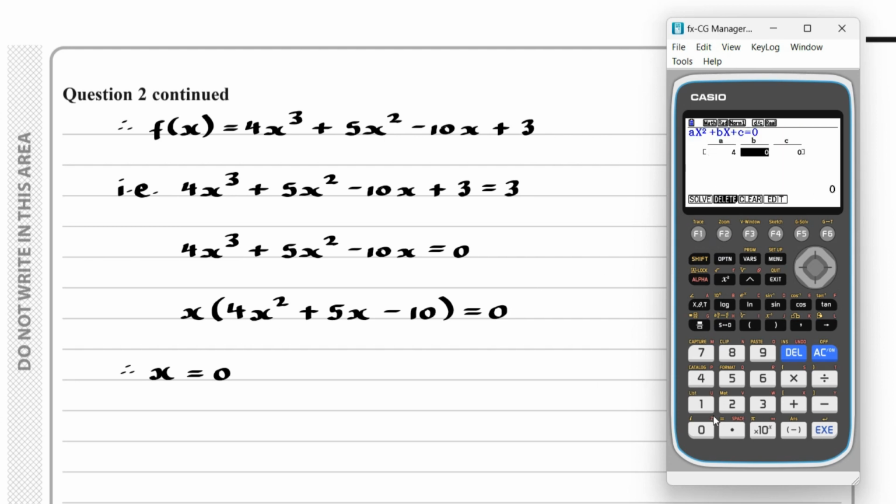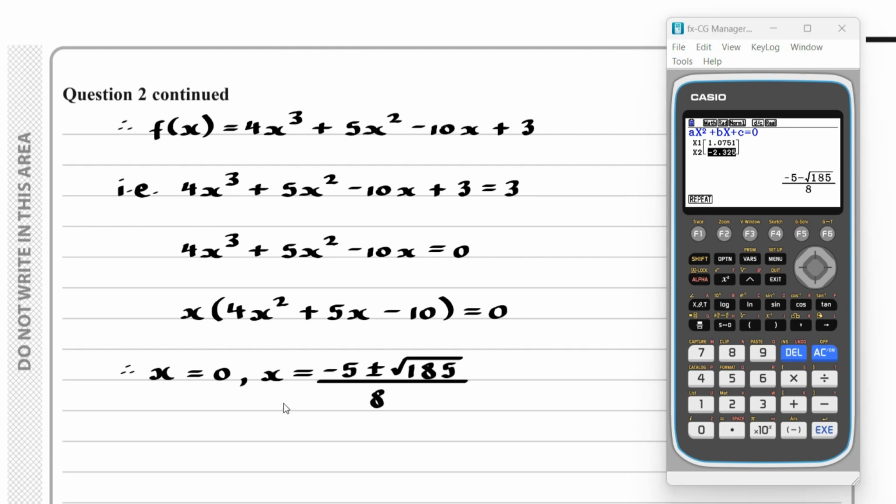We have 4x squared plus 5x subtract 10 equals 0, in which case we see x is equal to negative 5 plus square root 185 over 8, or we have x equals negative 5 subtract square root 185 over 8. So we have x equals 0, or x equals negative 5 plus minus the square root of 185 over 8.